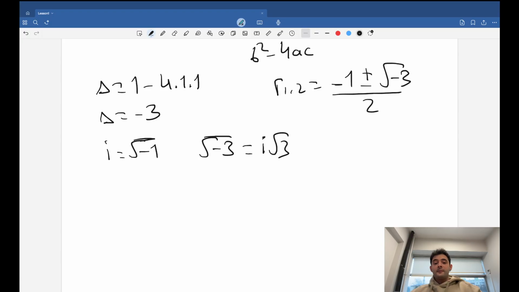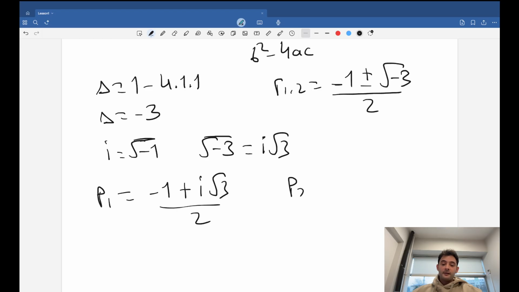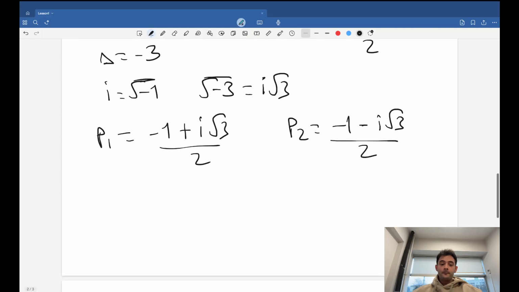I think that's kind of simple to understand, but to write the poles in the correct way, you should do a separation. So the first pole is minus 1 plus i square root of 3, over 2. And the second one, pole 2, is minus 1 minus i times square root of 3, over 2.